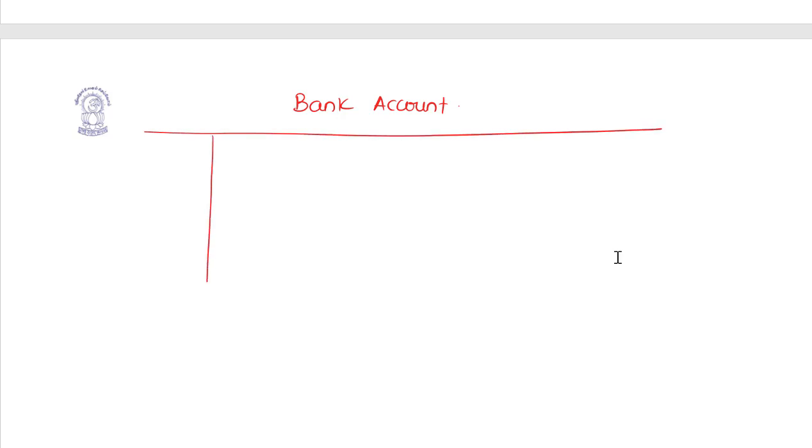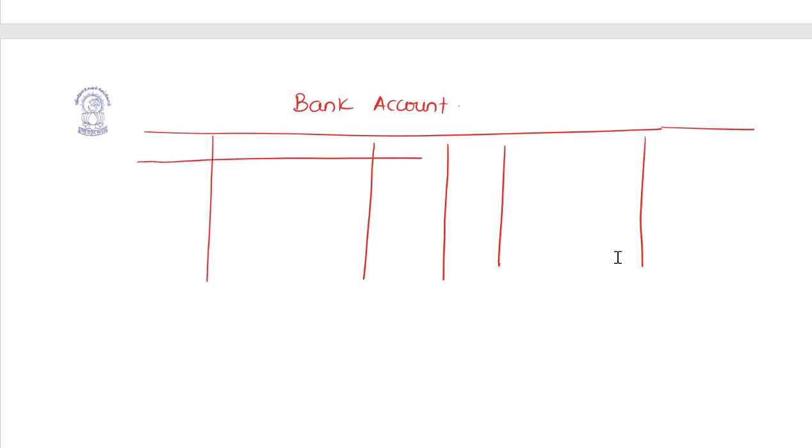Let us make ledger accounts. First account is bank account. Date, particulars, amount.